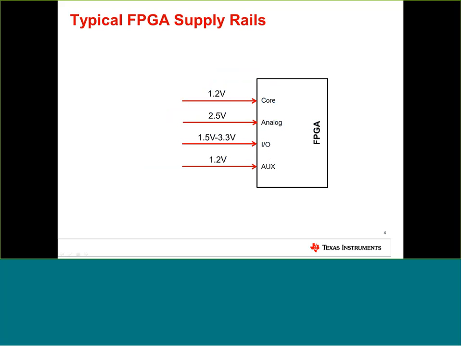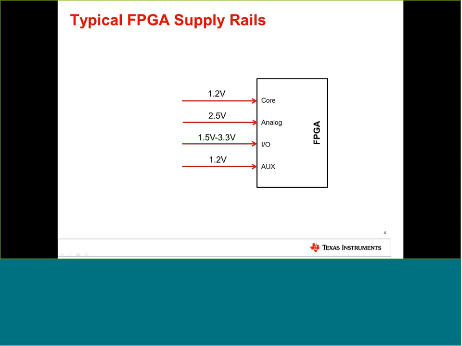Then we also have some analog rails, for example at a voltage level of 2.5. Then we have some I/O rails, which also depend on the application. This could be between 1.5 volts up to 3.3 volts. And we can have auxiliary supply rails, in this case, as an example, also 1.2 volts.